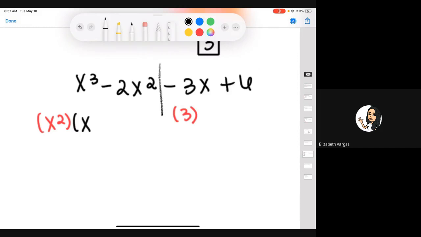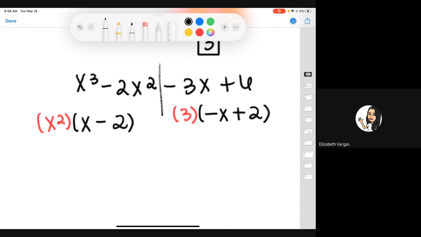Here I need to multiply by x to give me x cubed. Here I need to multiply by -2 to give me -2x squared, sorry. Here I have a 3, but I need that x. More specifically, I need a -x, so I'm going to multiply by -x. Here I have a 6, here I have a 3, so I'm going to multiply by 2.